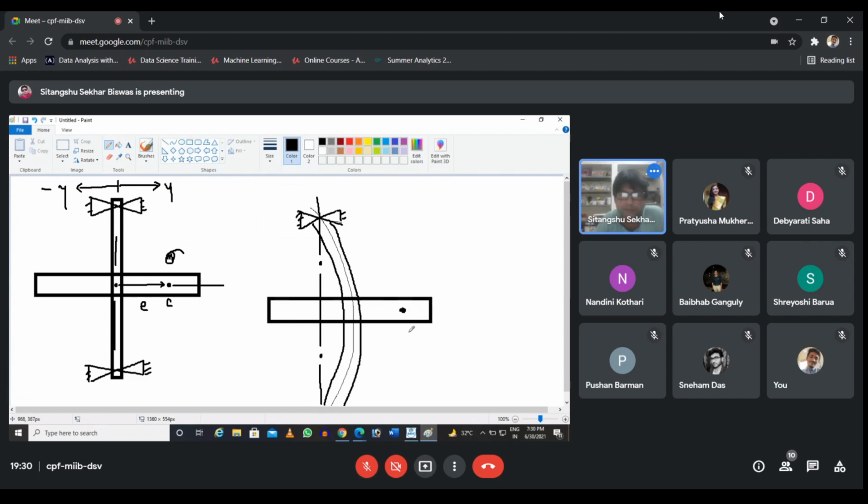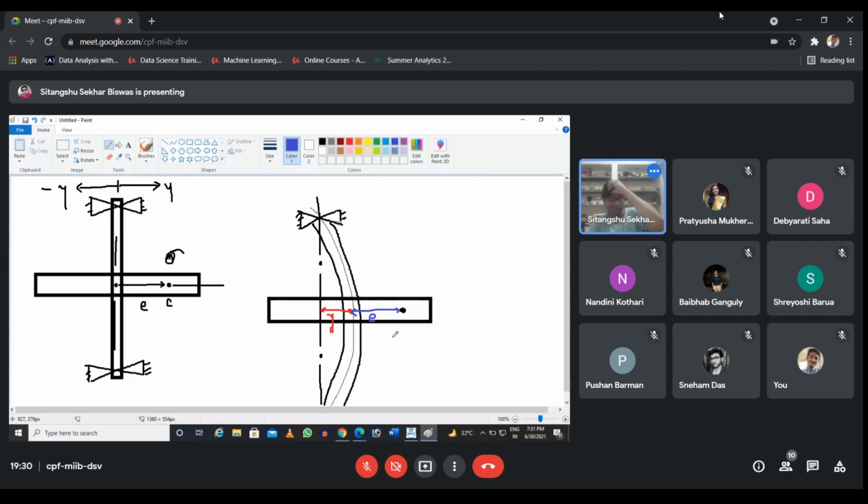Okay, now I am considering this distance, the distance by which it is shifted, that is y, positive y, and this distance is eccentricity e.